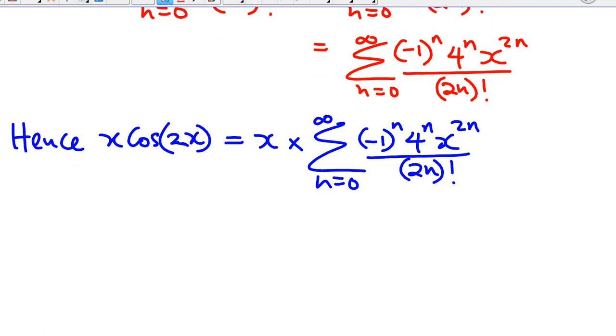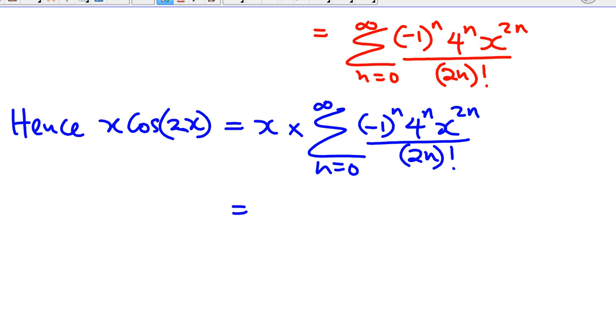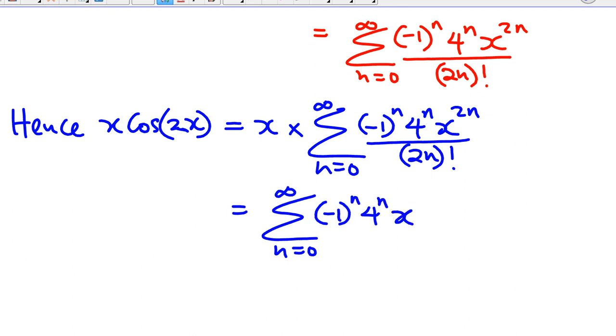And that will be equal to the sum from n equals 0 to infinity of negative 1 to power n, 4 to power n, x to power 2n plus 1 over 2n factorial.